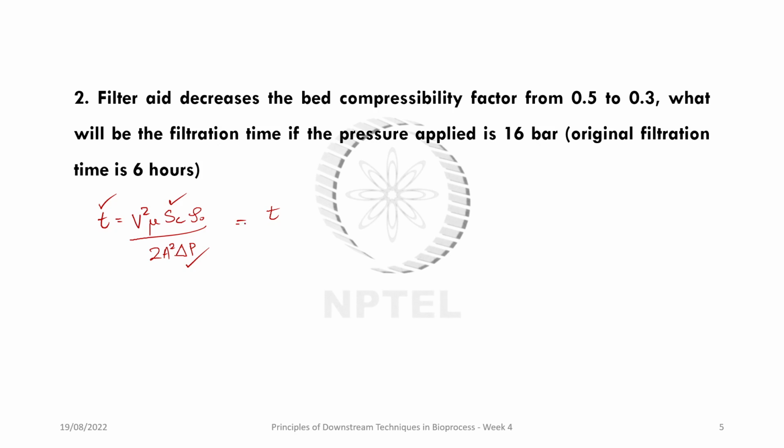T is equal to V square mu rho naught, whole divided by 2A square. Let us have this as a constant, into SC by delta P. So for the first case, we know that time is 6 hours and pressure is 16 bar, and what else do you have?